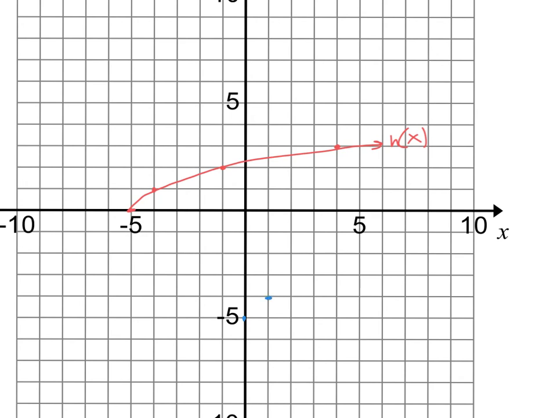We will graph 2, negative 1. Nope, put it in the wrong spot. We're going to graph 2, negative 1, and we will graph 3, 4.